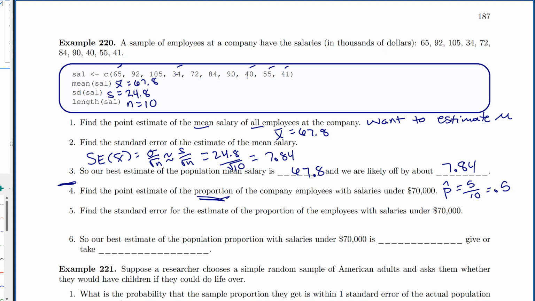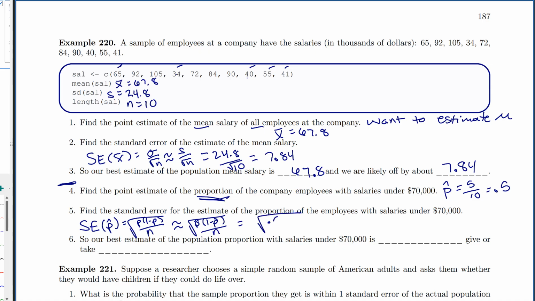Now we need to find the standard error for that estimate of the proportion. So we're looking for the standard error of p hat. And that's equal to the square root of p times 1 minus p over n. But we don't know the population proportion. That's what we're trying to estimate. So we'll have to estimate that with the square root of p hat times 1 minus p hat over n.